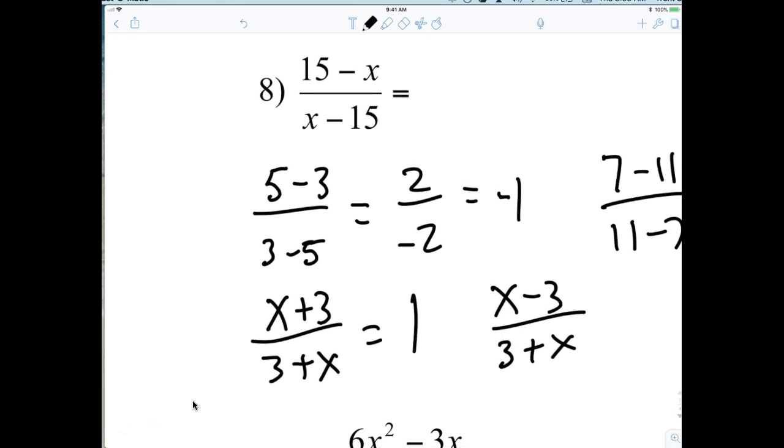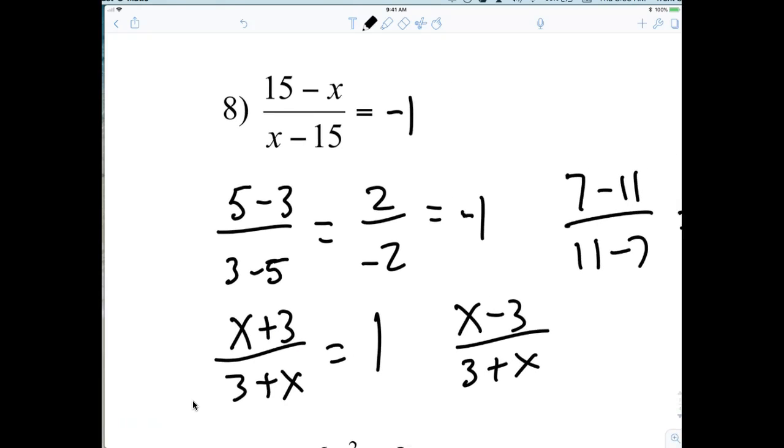Alright. So 15 minus x over x minus 15 is just what? It's just negative 1. Now mathematically, why is that so? If I look at 15 minus x and I factor out a negative 1, that becomes negative x minus 15 on top, and then x minus 15 on the bottom. Does everybody see that? I just factor out a negative 1.